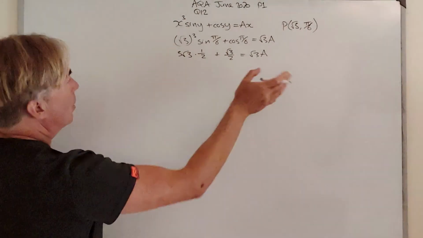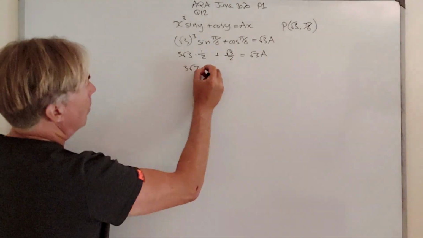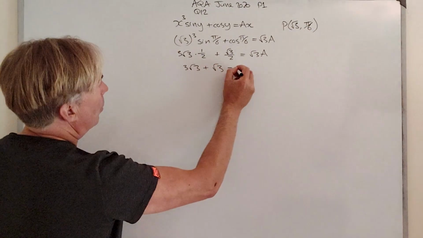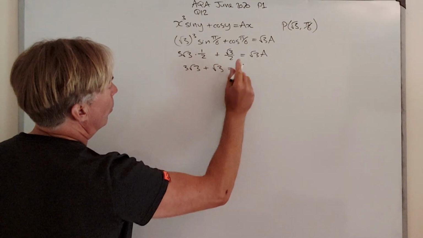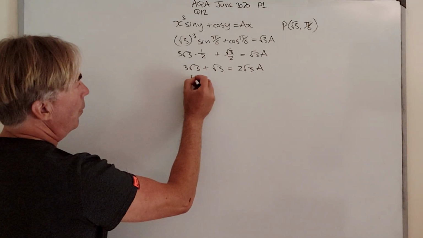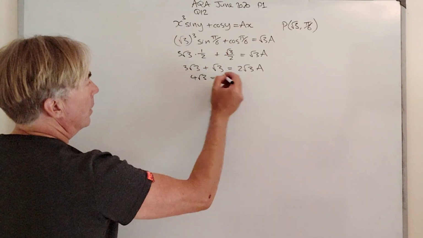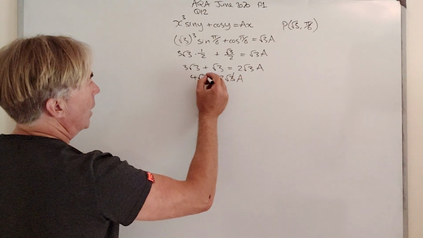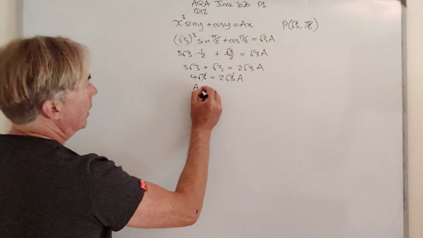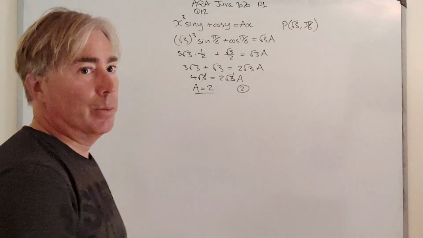I'm going to multiply everything through by 2, so I end up with 3√3 plus √3 equals 2√3a. We end up with 4√3 on that side equals 2√3a. And conveniently, our √3s cancel, so a is equal to 2. So there's our first basic 2 marks.